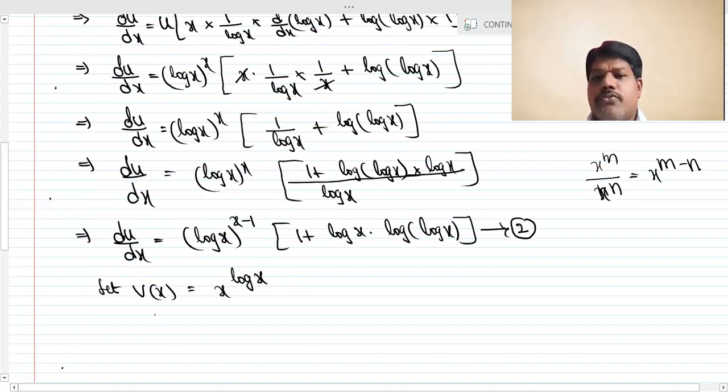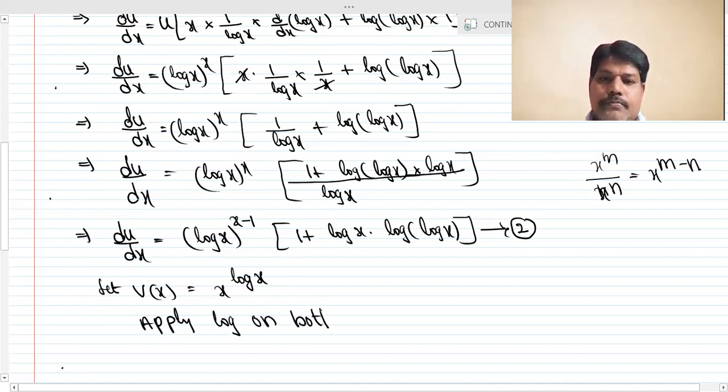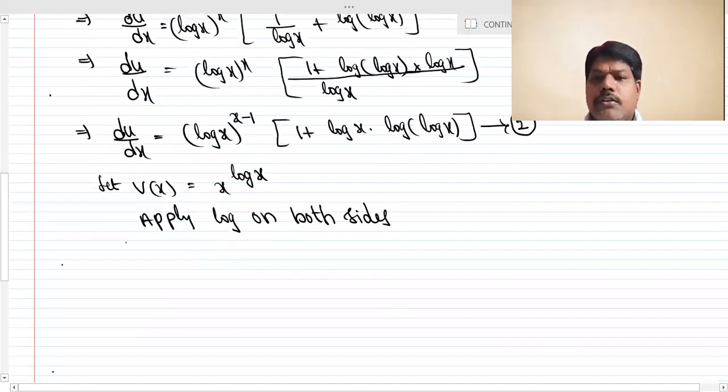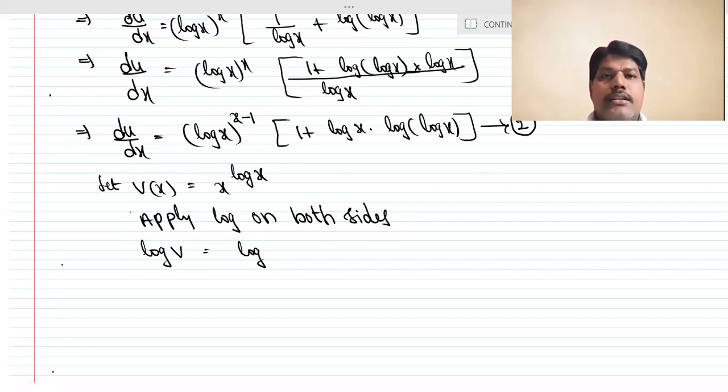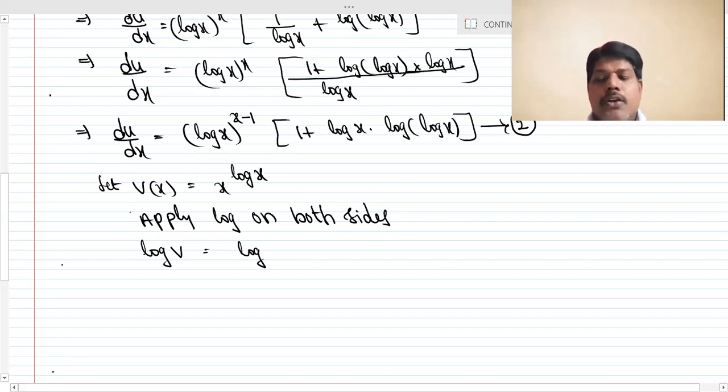Then what we will do, students, is apply the log on both sides. So log v is equal to log of v of x. Our understanding is that v of x and v are both the same; v of x means it is a function in x. So log v is equal to log of x power log x.